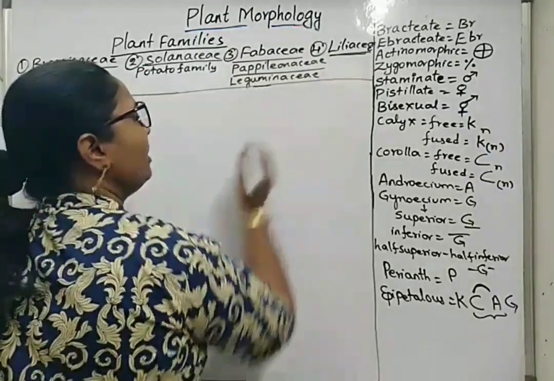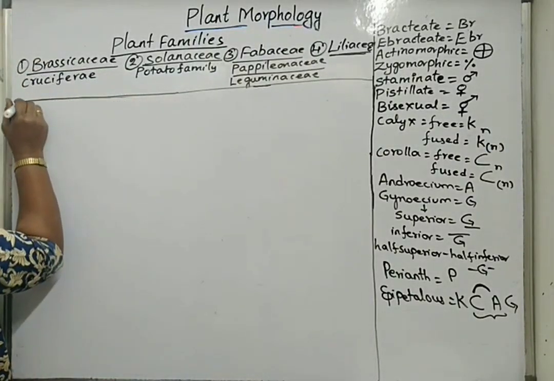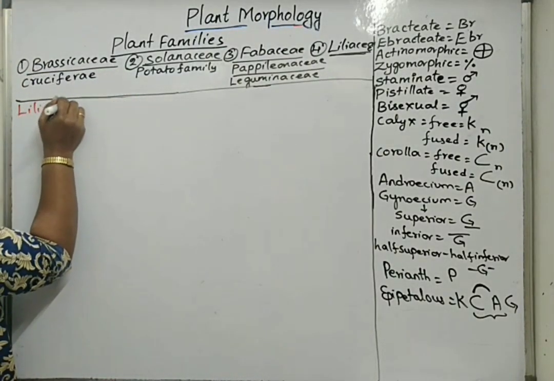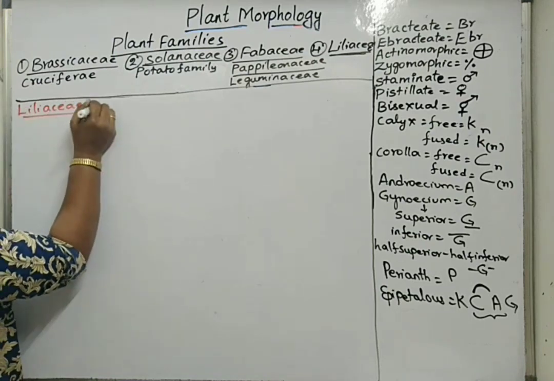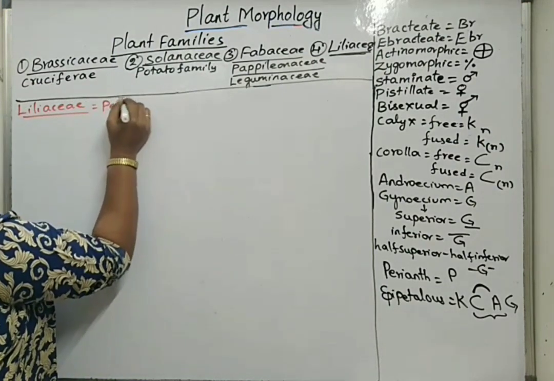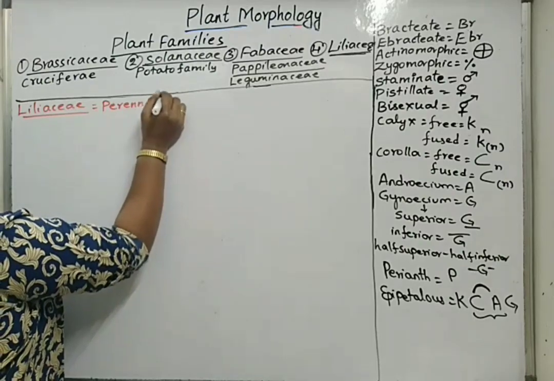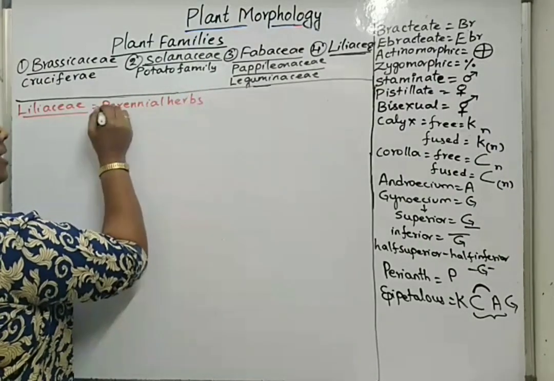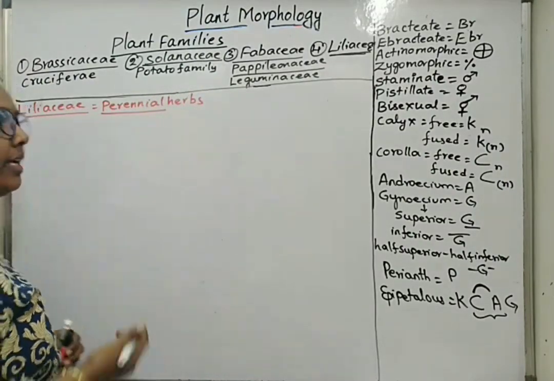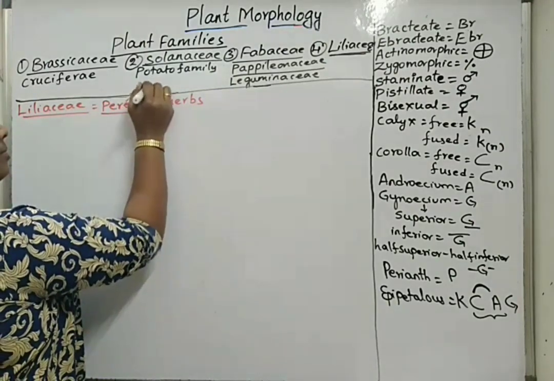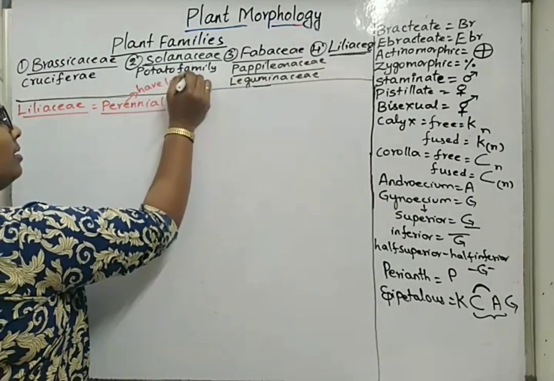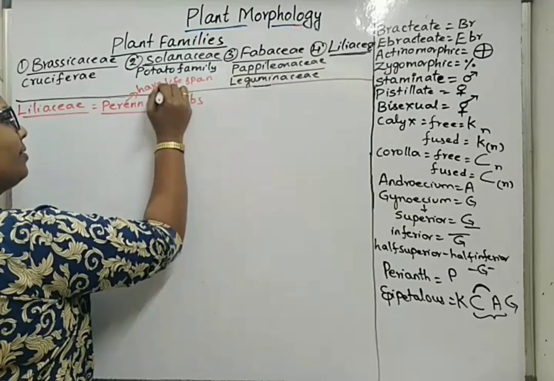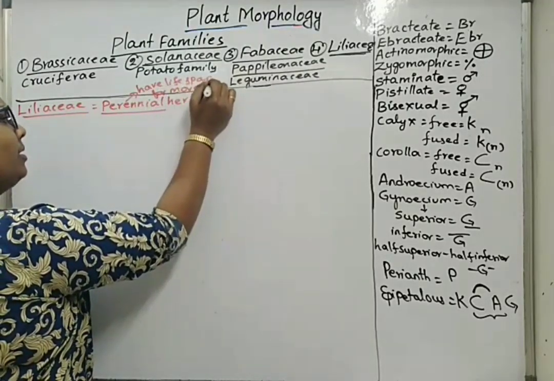Now we will talk about Liliaceae family members. Liliaceae family members are perennial herbs. Perennial means they have a lifespan of more than 2 years.